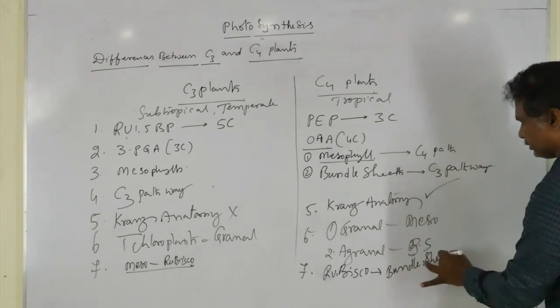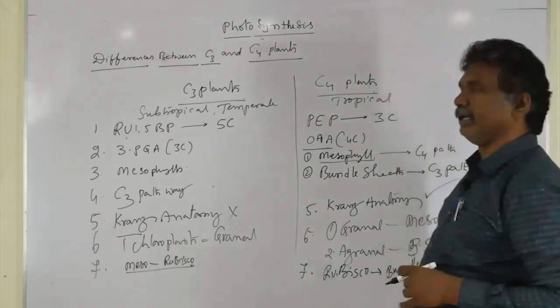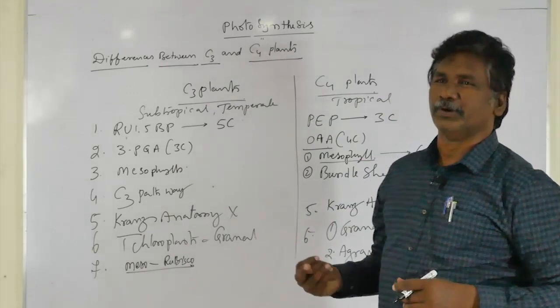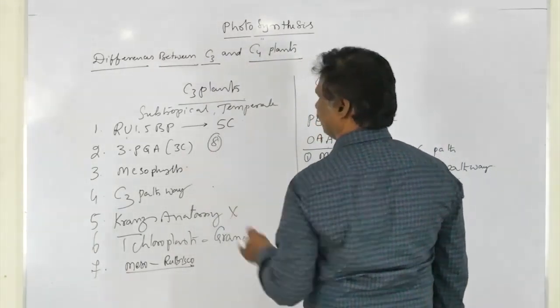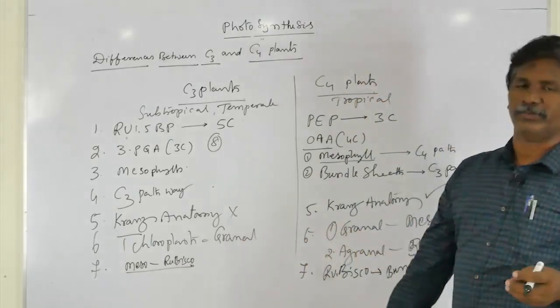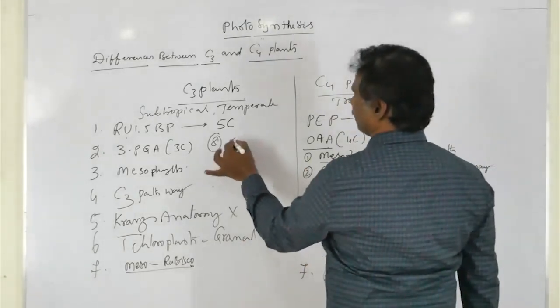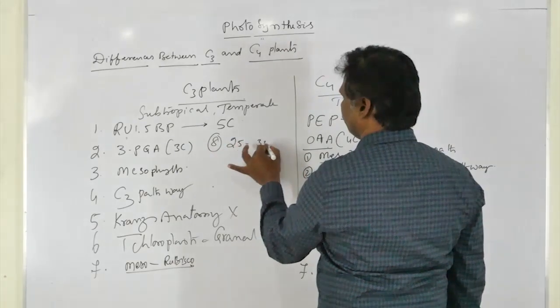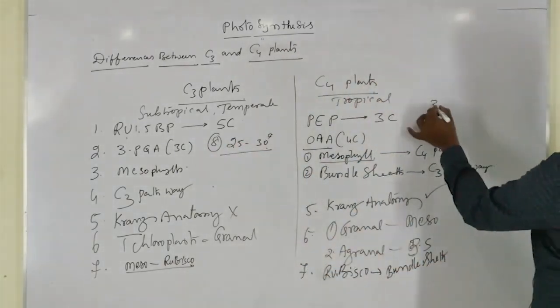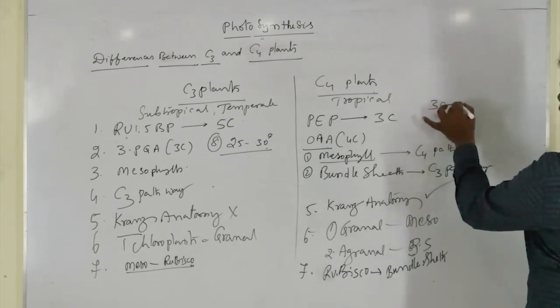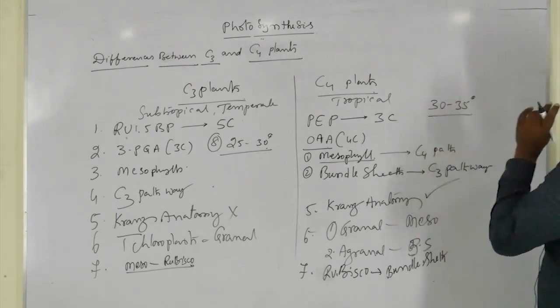These are the major differences between C3 and C4 plants. Let's see more differences. The optimum temperature for C3 plants is 25 to 30 degrees, and for C4 plants it is 30 to 35 degrees.